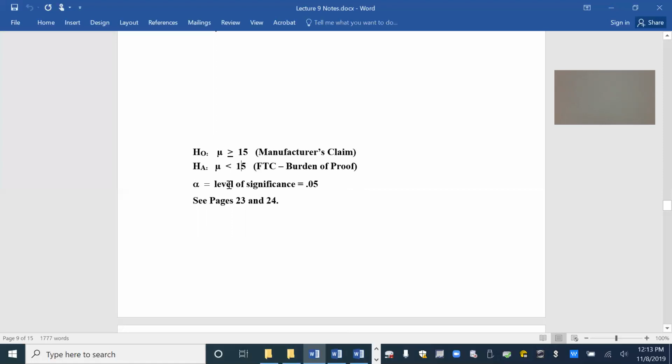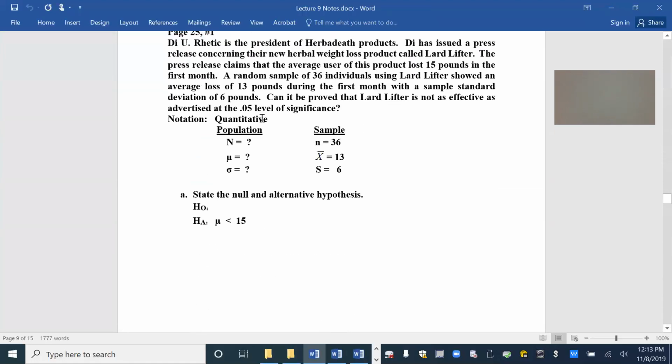Okay, and then you put the level of significance, 0.05. What that means is I want to be 95% sure they're guilty before I rule against them. I'll take an error factor of 5% of convicting an innocent person.